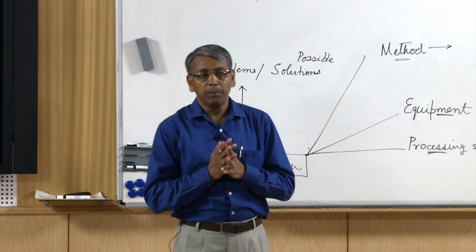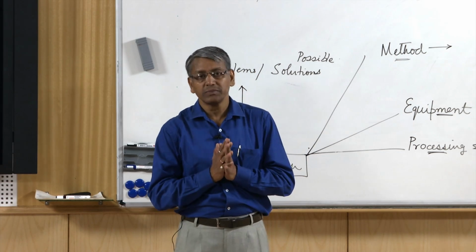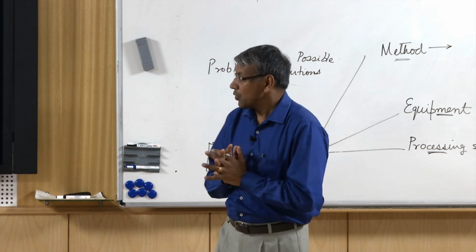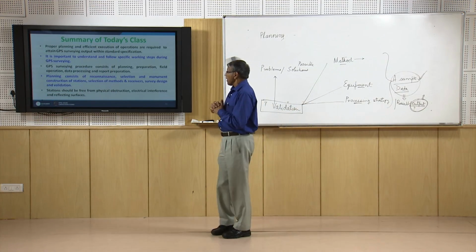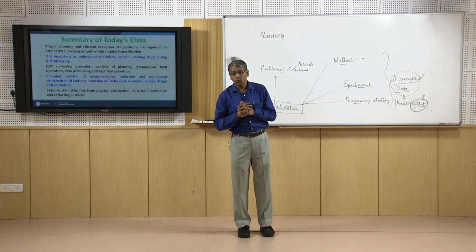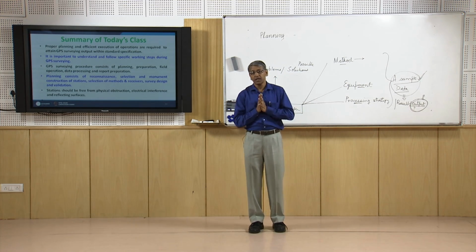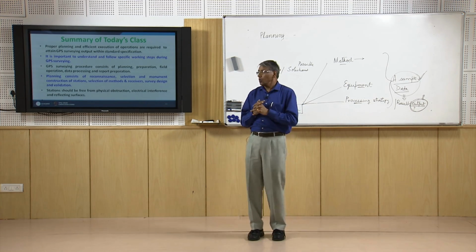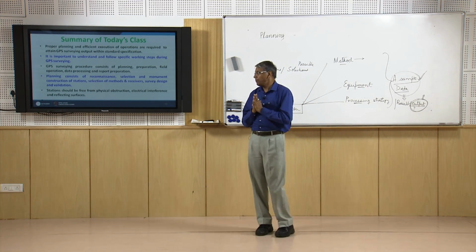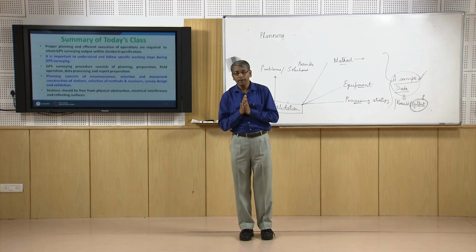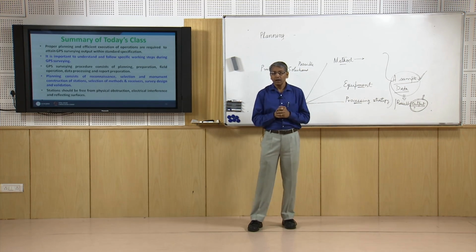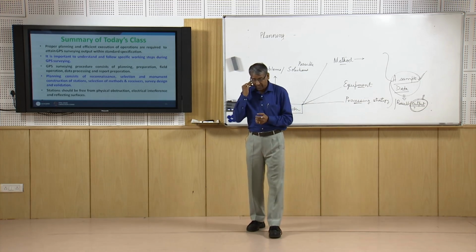So, let me summarize today's class: in order to carry out GPS surveying, we need to go for proper planning and efficient execution of some standard steps. In order to achieve the objective of any GPS surveying and to meet the standard specification, we need to follow a standard procedure which consists of planning, preparation, field observation, processing and report generation.